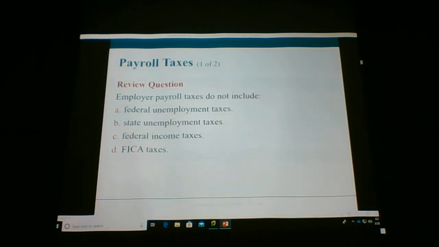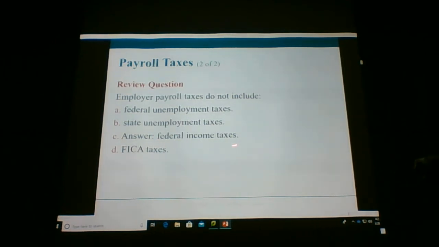All right, a little review question here. It says, read it carefully. Employer payroll taxes do not include, and then we have 4 choices. Well, if you've been paying attention, the answer should be crystal clear. And if you happen to have access to this PowerPoint independent of the video, you've already slipped to the next slide and gotten the answer if you didn't know it. So let's take a look at the answer. The answer is federal income taxes.